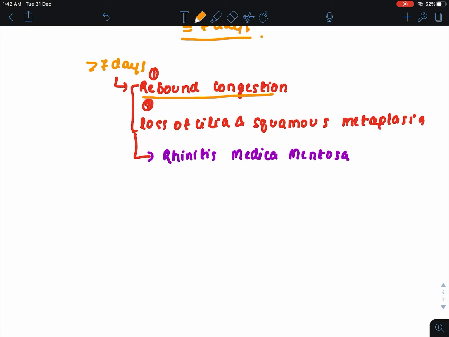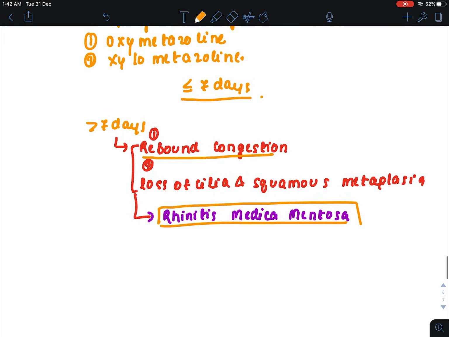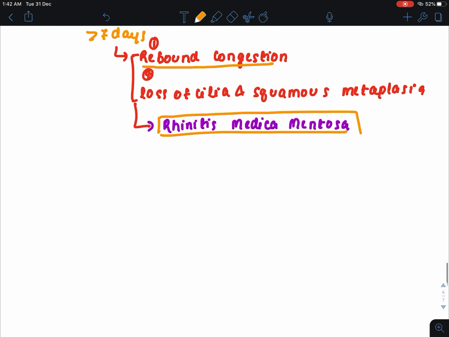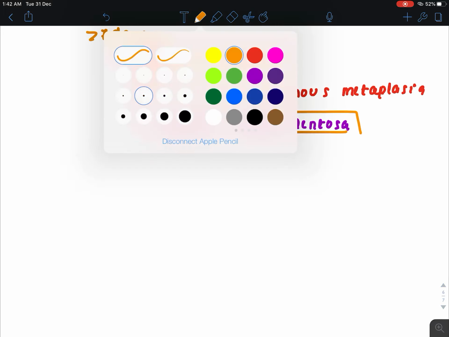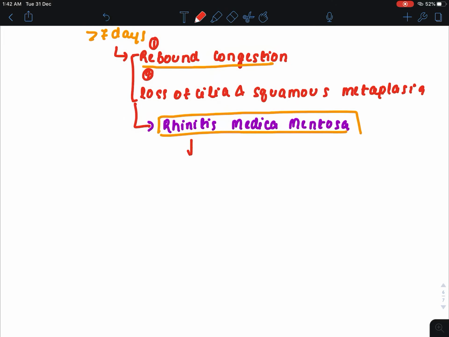So rhinitis medicamentosa occurs because of prolonged use of alpha 1 agonist drugs, xylometazoline and oxymetazoline.